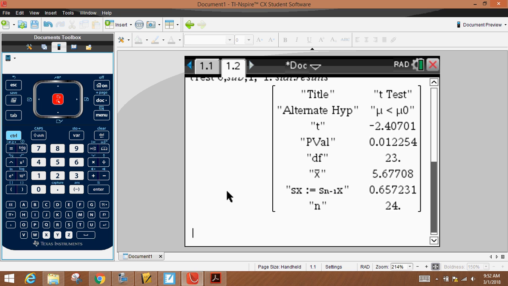But we don't get a p-value that is low, right?